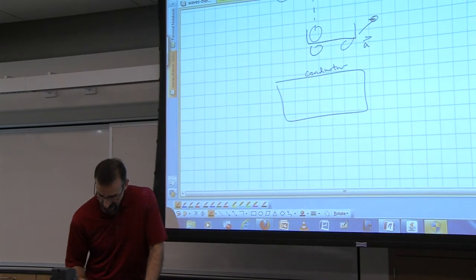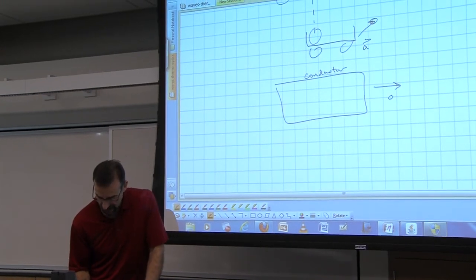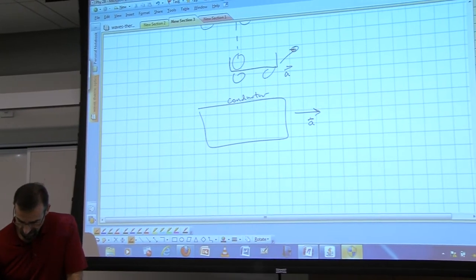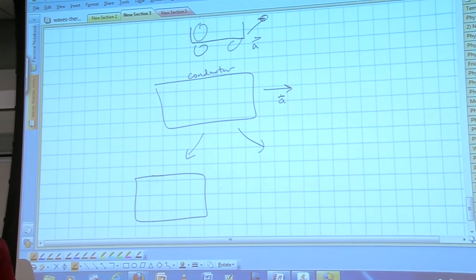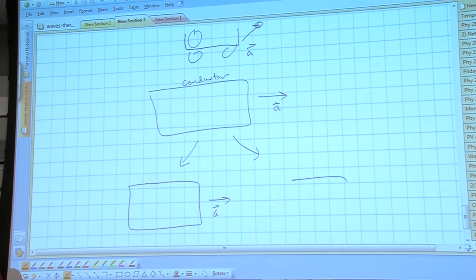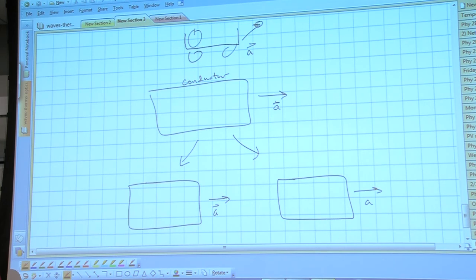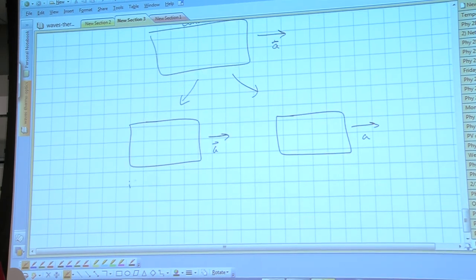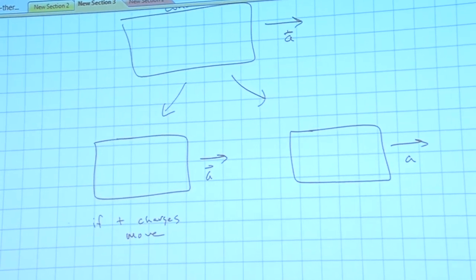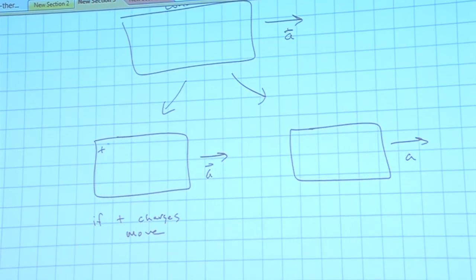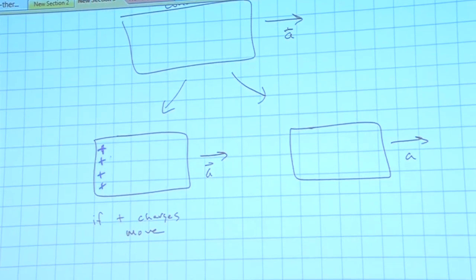So if we take this metal, this conductor, and we accelerate it, one of two things can happen. If the positive charges are free to move around, they're going to bunch up at the back because of their inertia.